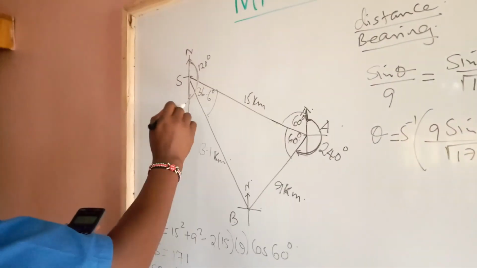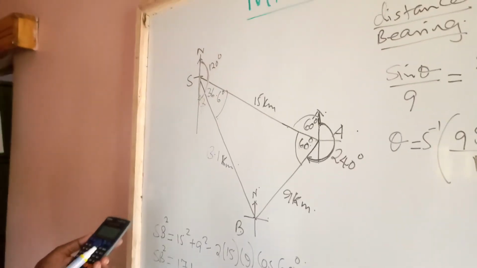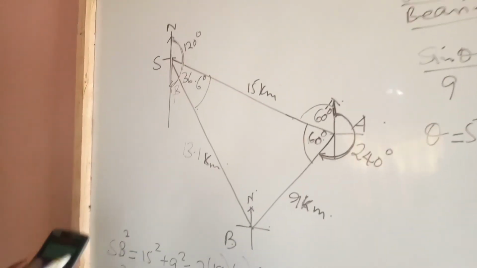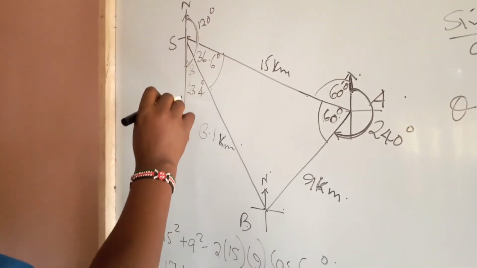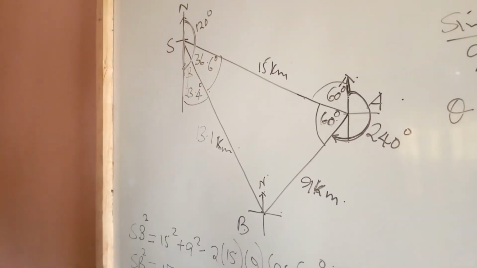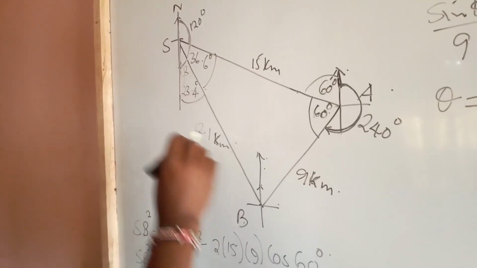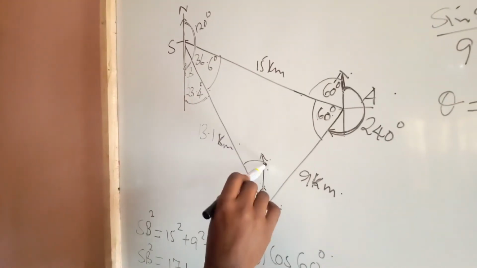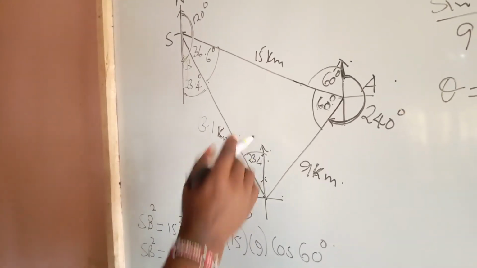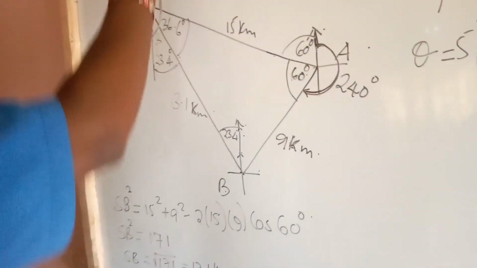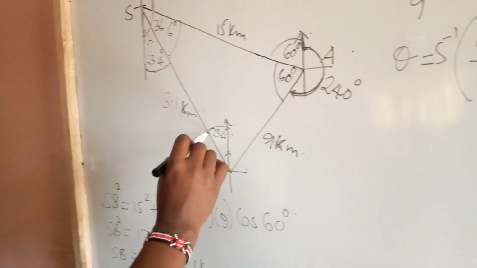Therefore the remaining angle, let's call it beta, is 23.4 degrees. Using the knowledge of parallel lines, if we extend that line, then that angle is alternate to this angle, which is 23.4 degrees, because the true north is parallel to the true north and this is a transversal.